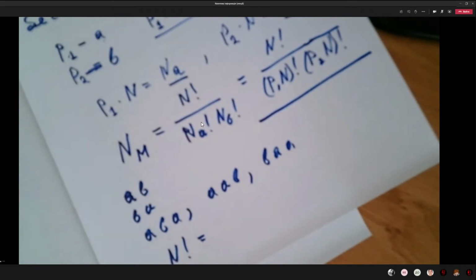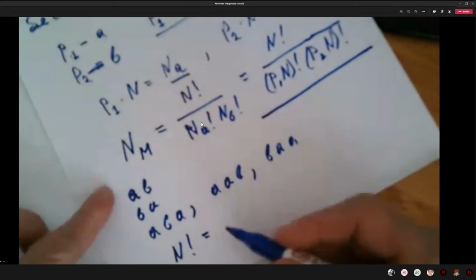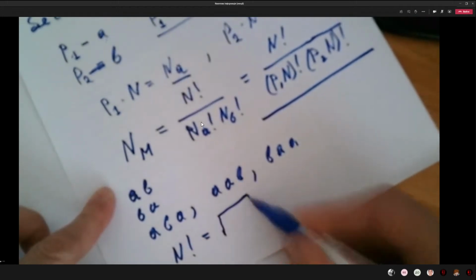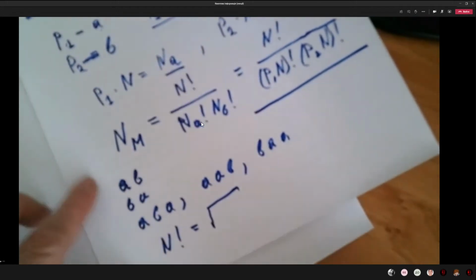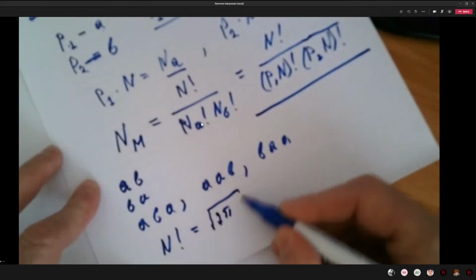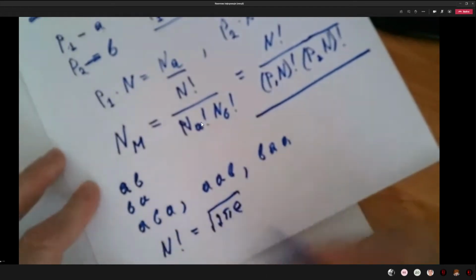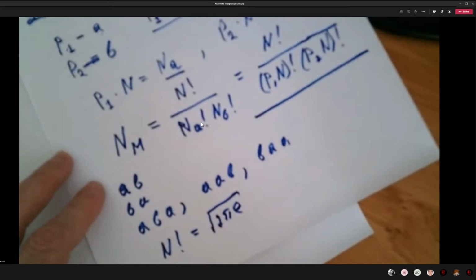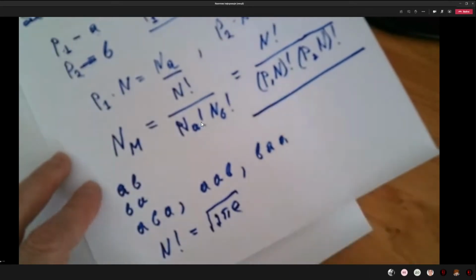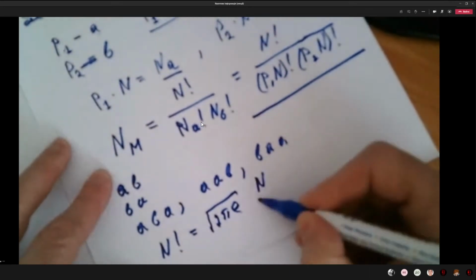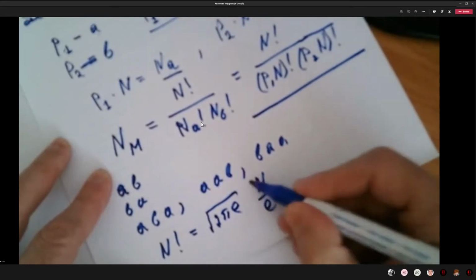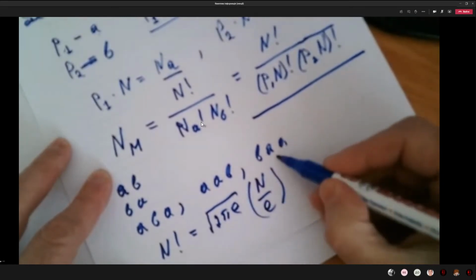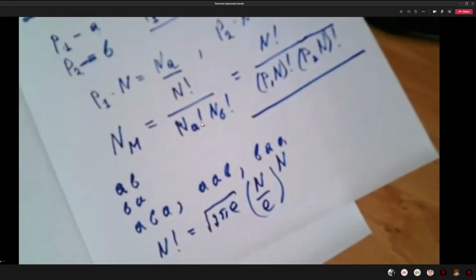You remember this formula. This number is not very important, but let me write: square root of 2 pi n, and exponent, n divided by e, in power n.